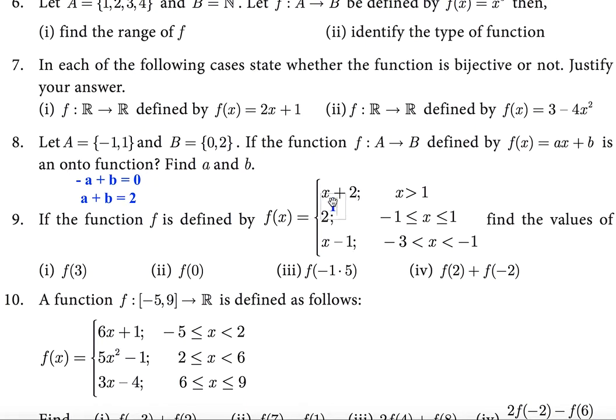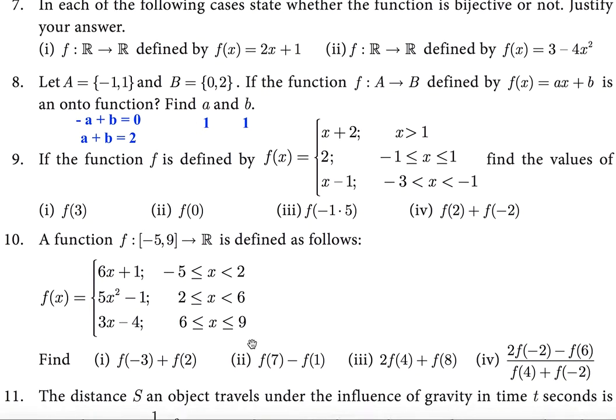So b we already got, b is 1. What about a? If b is 1, a equal to minus 1. No, a is also 1, because a plus b equal to 2, right? If you substitute b equal to 1 here, a becomes 1. So this equation is also valid. Minus 1 plus 1 equal to 0.